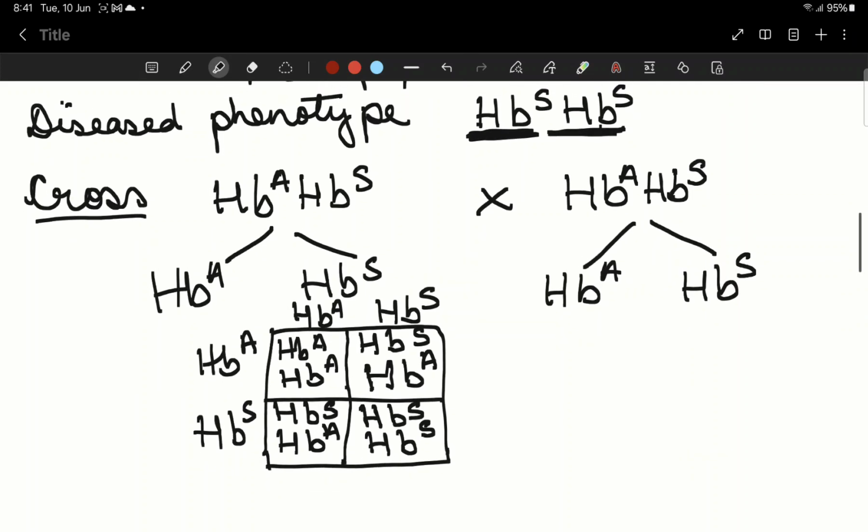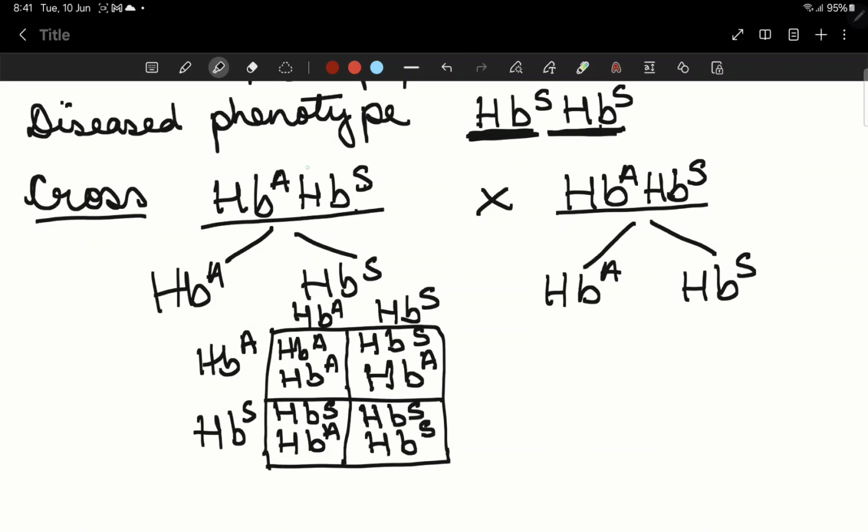And now let us see the cross, how it gets transmitted from the parent to the offspring. Let us consider this is the father and this is the mother. It is very clearly understood here that both the parents are in the heterozygous condition. See here, HBA HBS, and here also HBA HBS.